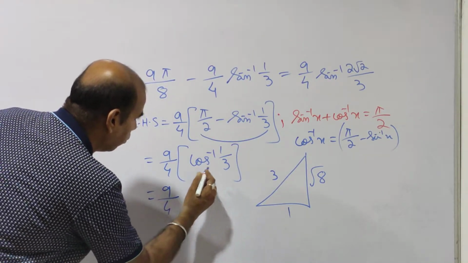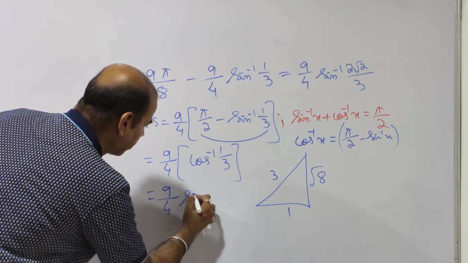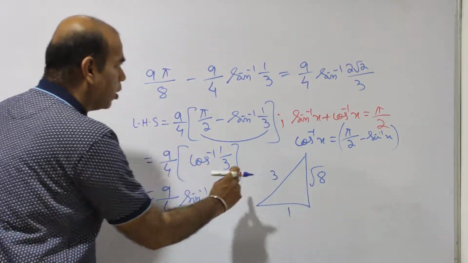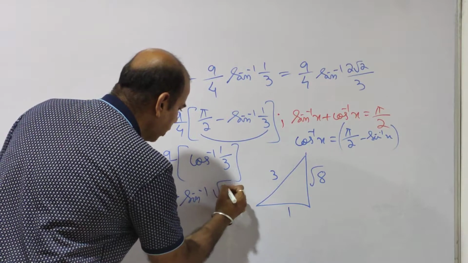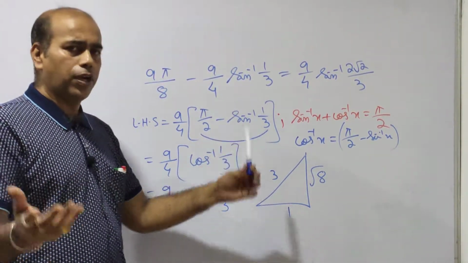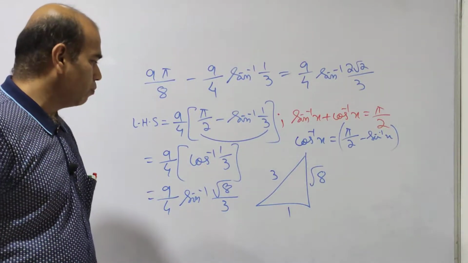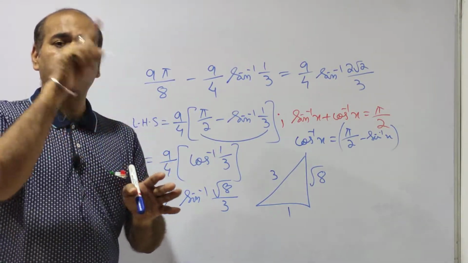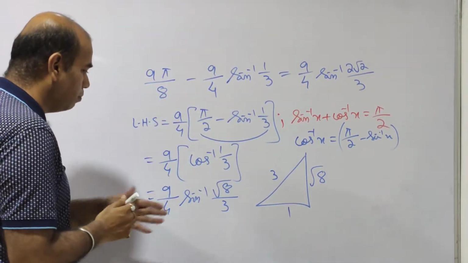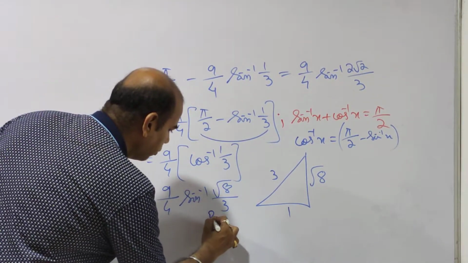So 9 by 4 sine inverse, if I take, it is sine inverse perpendicular by hypotenuse. That means root 8 by 3. Now root 8 is what? 2 into root 4, and the square root of 4 is 2. So 2 root 2 by 3. That's the proving.